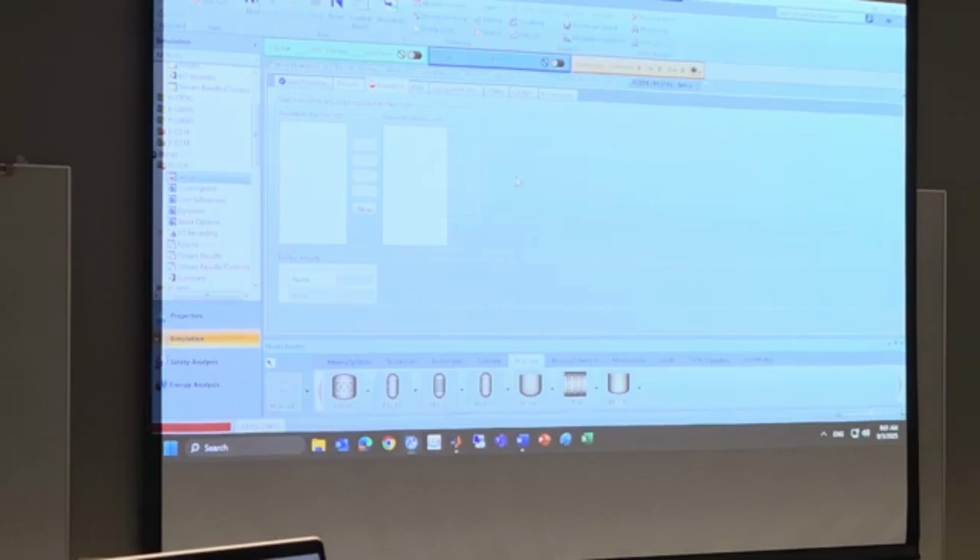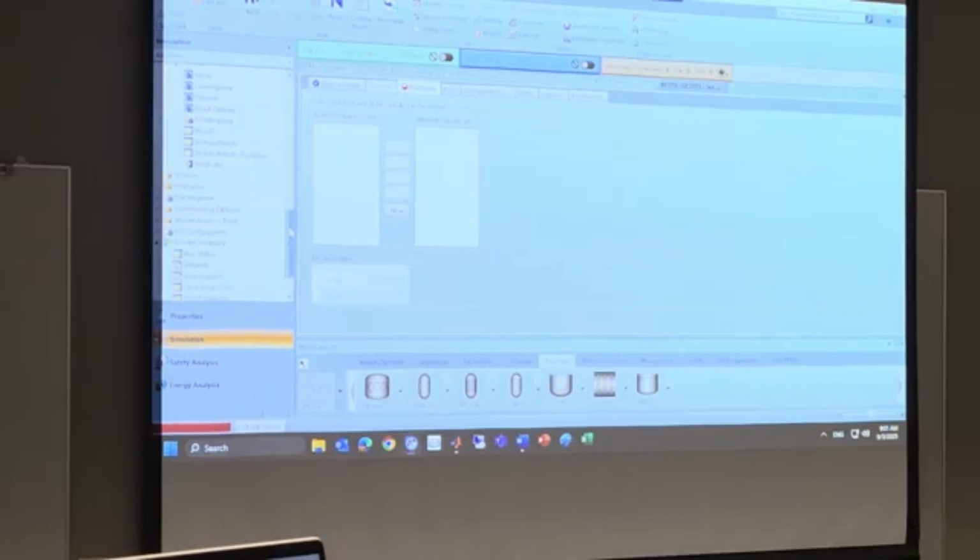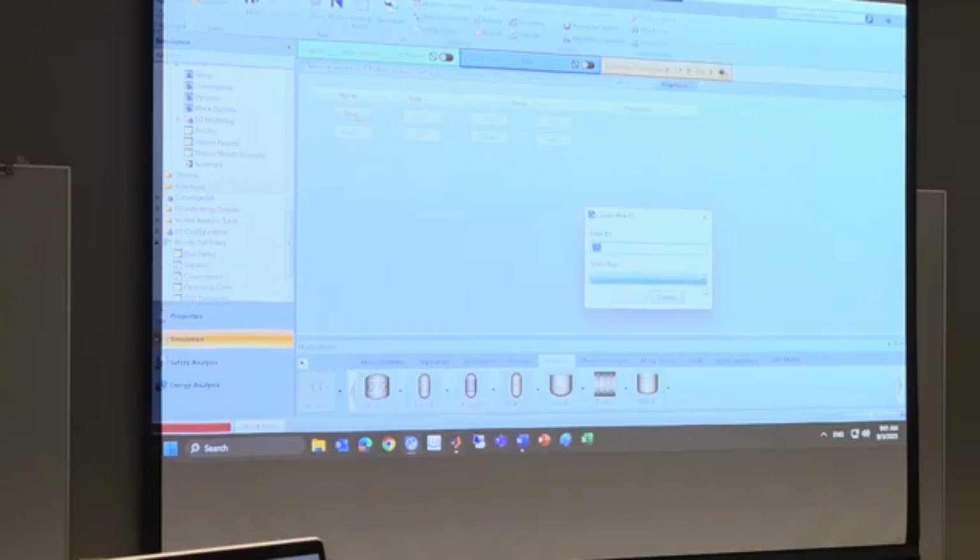When you use the CSTR reactor, we have to define reactions from the reaction folder. So go to the navigation panel, where we have a reaction folder. We have to create our new reaction and select the type. There are different types.